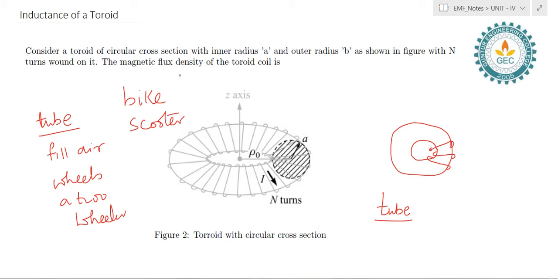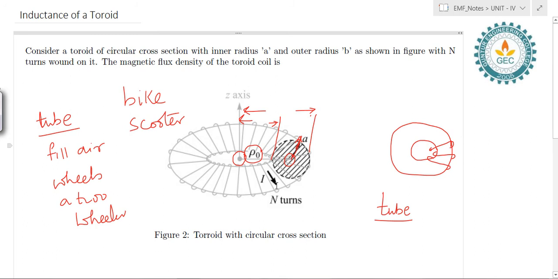This toroid will have a radius a, where rho naught is the parameter that varies from the center. If you look at it, this is the inner radius and this is the outer radius.